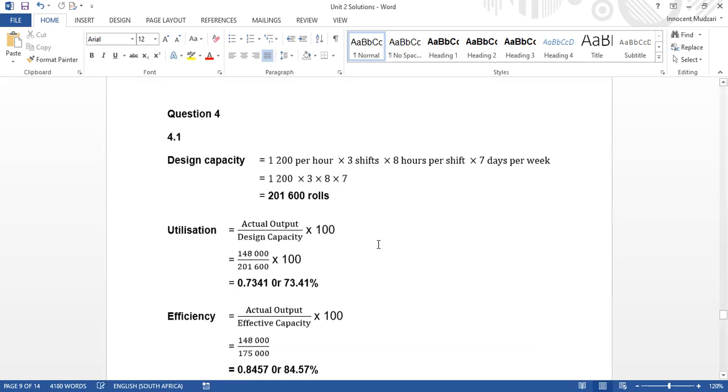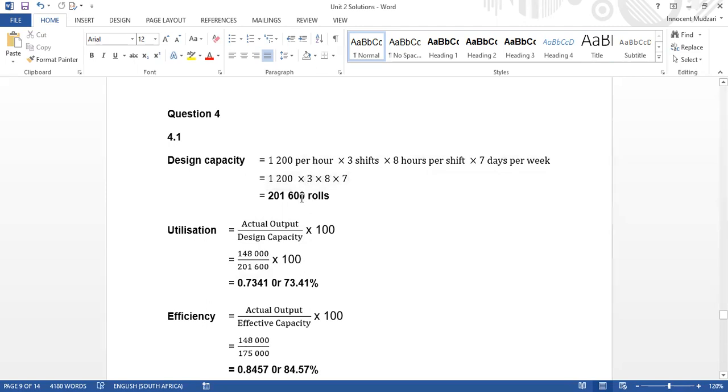Okay, and then the next one, utilization. The formula for calculating utilization is actual output over design capacity multiplied by 100. It's there also in the standard guide. We are given the actual output: last week the facility produced 148,000 rolls. It's there in the question. So actual output 148,000 over the design capacity that we calculated in the first part.